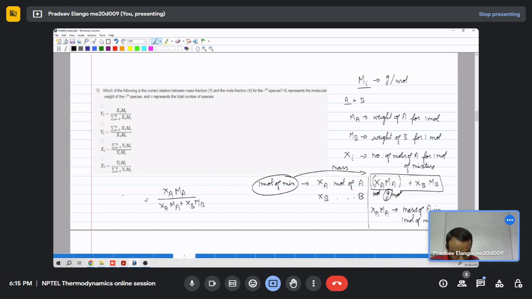Now this is the mass ratio, or yA, because I have the mass of A by the total mass, MA plus MB. So from this you can say the right answer is option E.